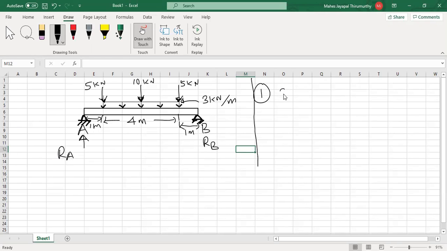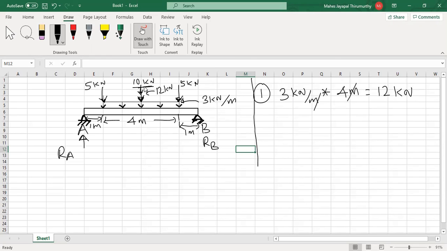So here 3 kilonewton per meter is distributed over a span of 4 meters. So now the total is 12 kilonewton, which acts at the middle point, the same point.